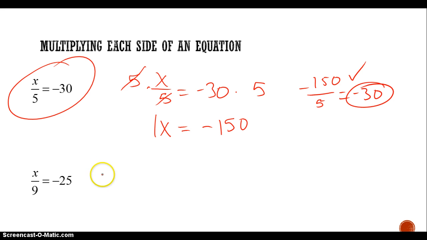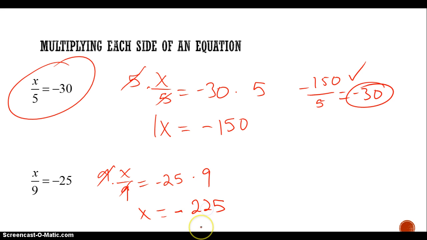So down here, x divided by 9 equals negative 25. Multiply by 9 to isolate the x. X equals negative 225.